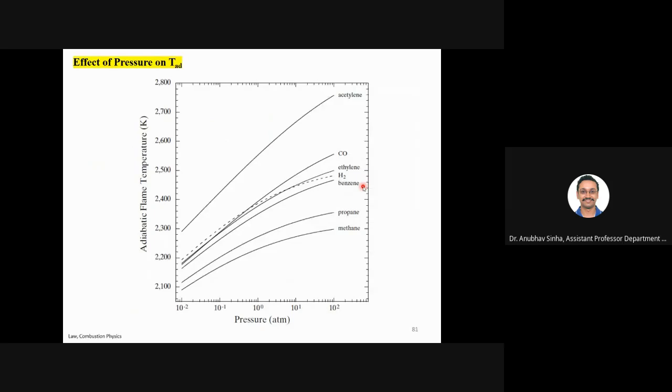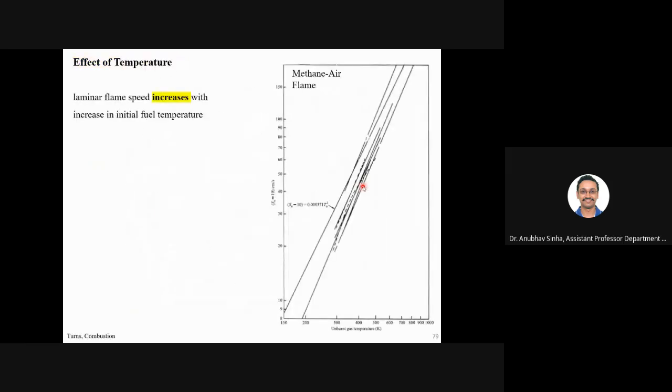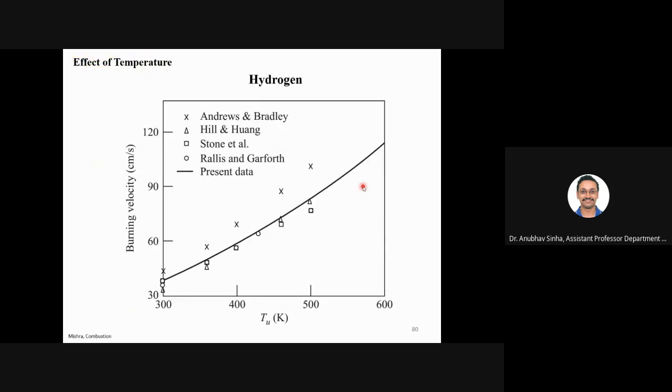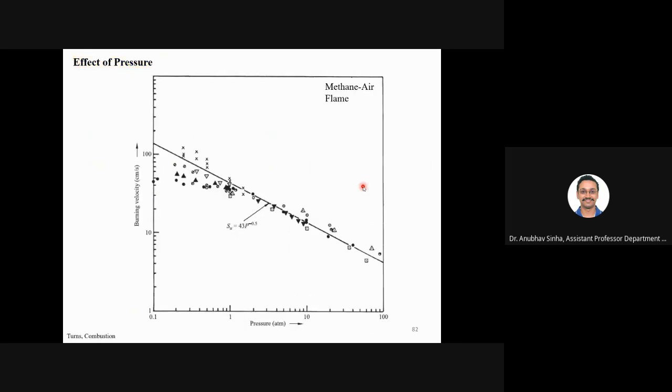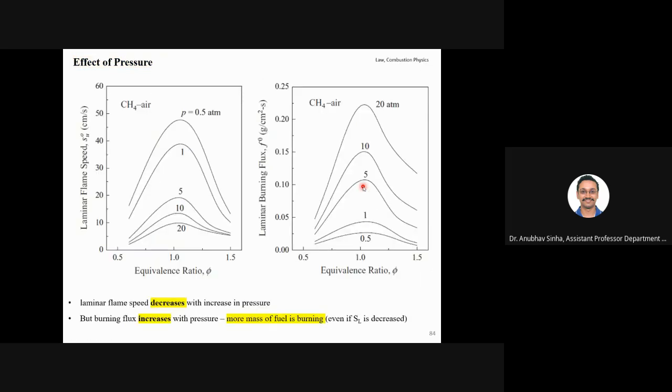Your temperature is also increasing, right? Sorry, this plot. Temperature is also increasing, but overall, the effect is that your burning velocity SL decreases with pressure. This is a very important result, which is a little bit counterintuitive.